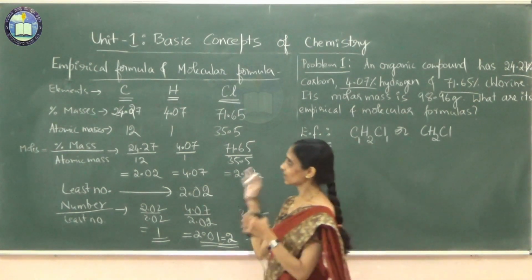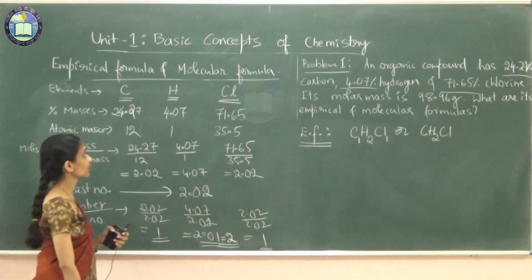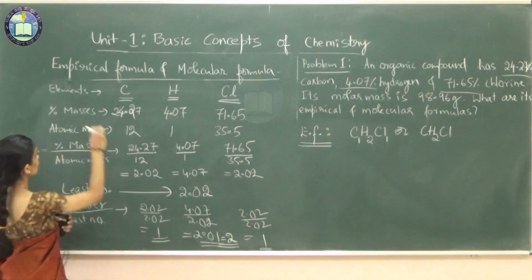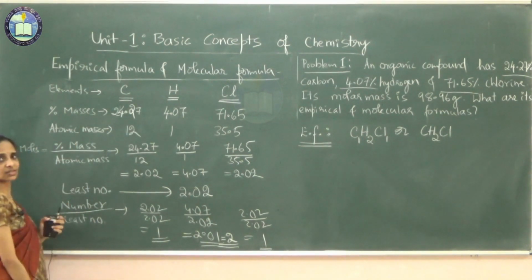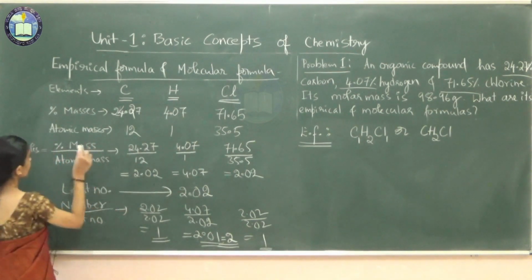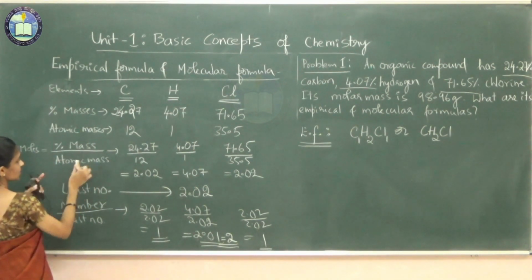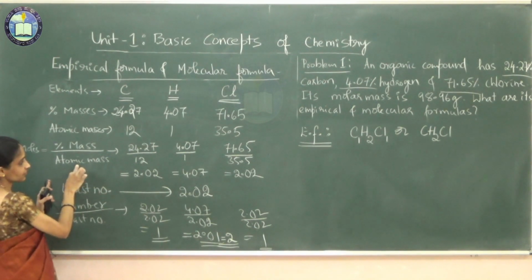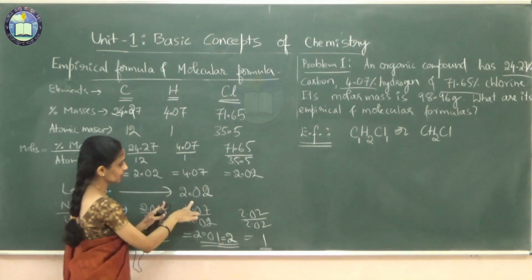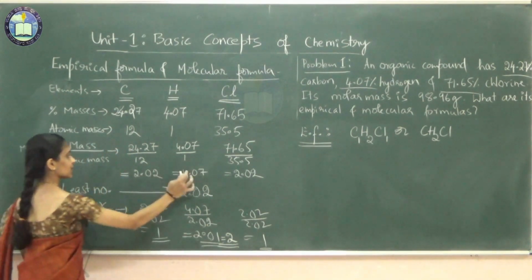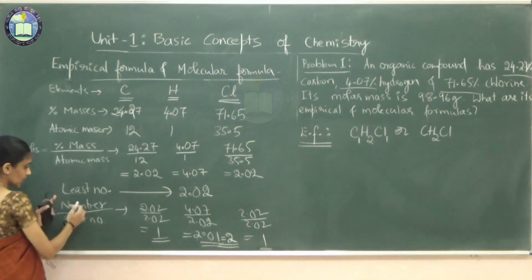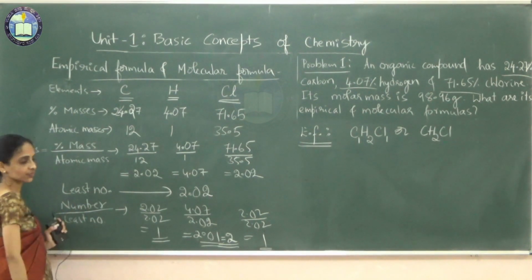Okay, so let us recollect the steps once. Writing down the element symbols, then percentage masses, atomic masses, dividing the percentage mass by atomic mass, finding out the least number, dividing each and every number, which is nothing but moles, by the least number.